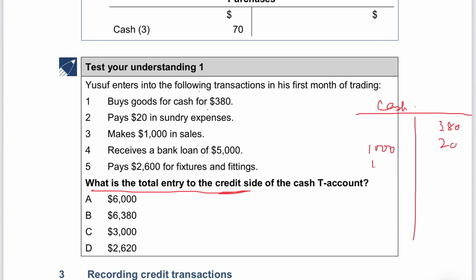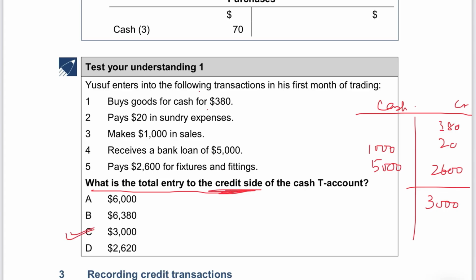Then he pays 2,600 for fixtures and fittings. Cash is going out of the business, that is 2,600. So we get the total of 3,000 on the credit side, as asked in the question, and option C is correct.